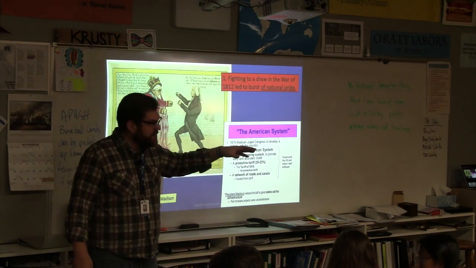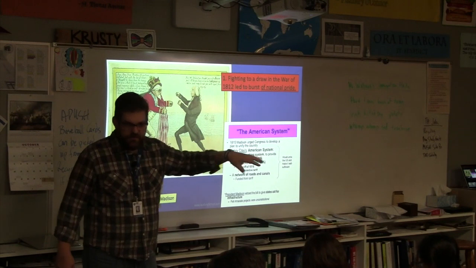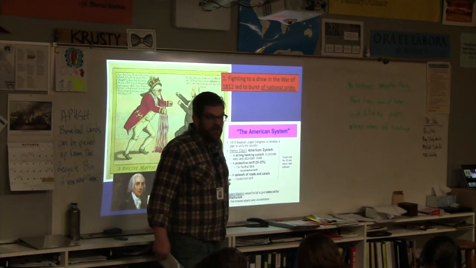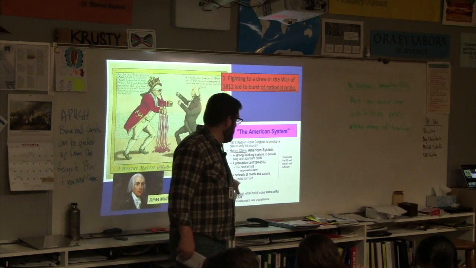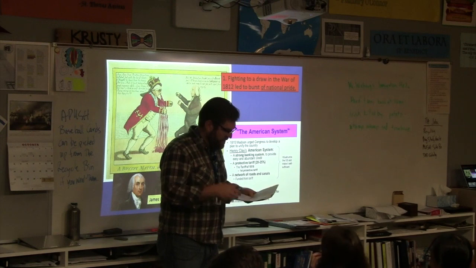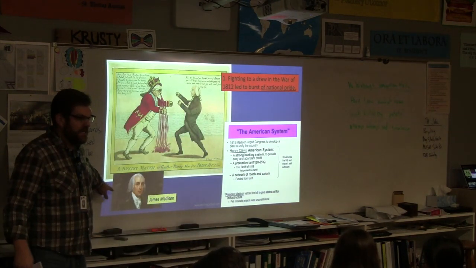Roads, canals, build the network that you can move goods on. So the roads and canals, the internal improvements, would actually be funded by the Tariff of 1816. So this is the American system, and James Madison gets handed this idea of the American system.